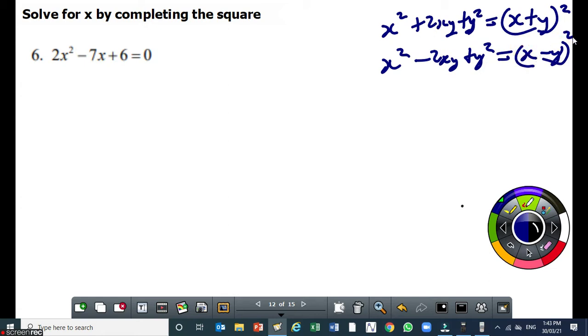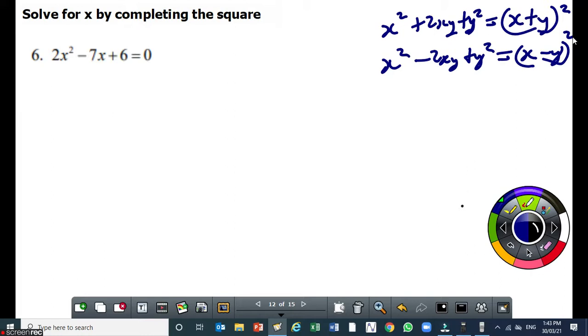So when you are completing the square, the idea is to create a perfect square trinomial, and then you factorize it. Now, there are two ways of doing it. Either you can factor out 2 throughout, or you can divide each term by 2.